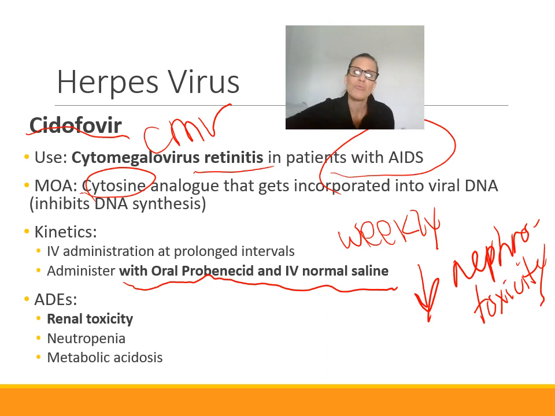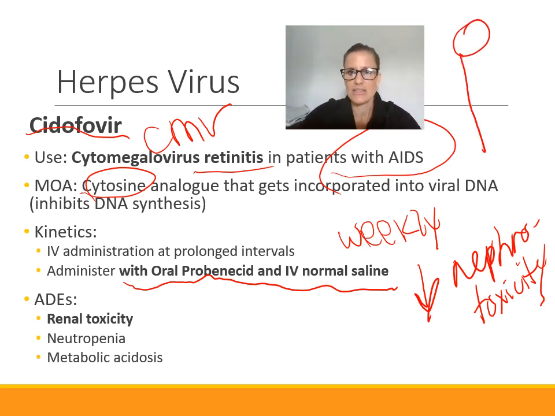Probenecid is a gout drug. It inhibits an anion transporter in the renal tubule. So we typically use it for gout, but in this case, it decreases the amount of cidofovir that enters into the tubular cells.